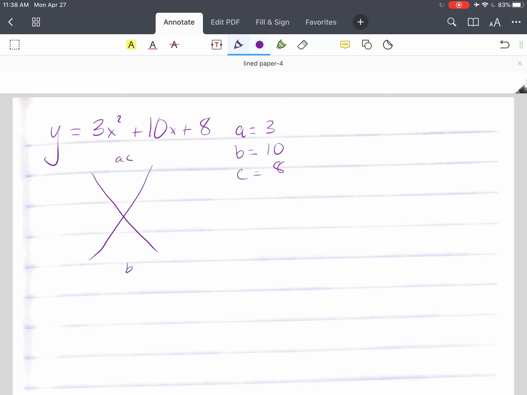Let's set up a diamond puzzle. A, C, B. A times C, that's 3 times 8, so 24. And B is 10. So what two numbers multiply to 24 and add up to 10?